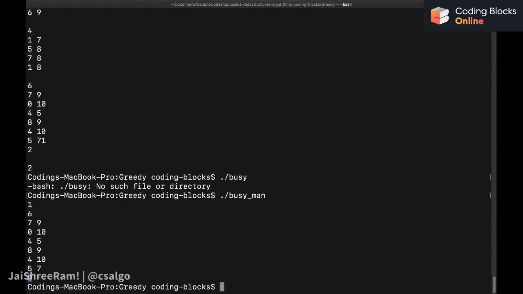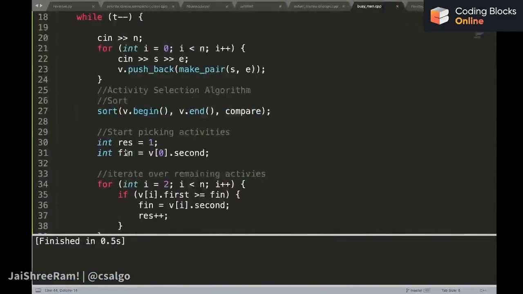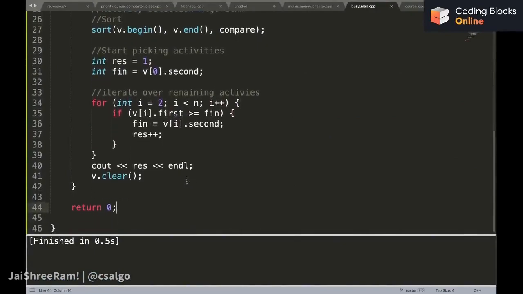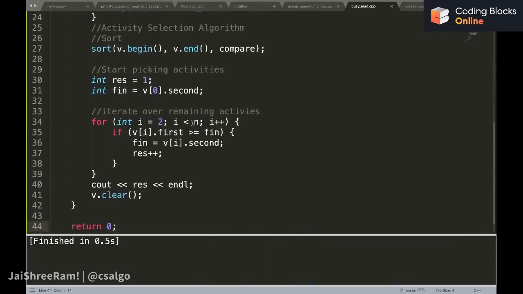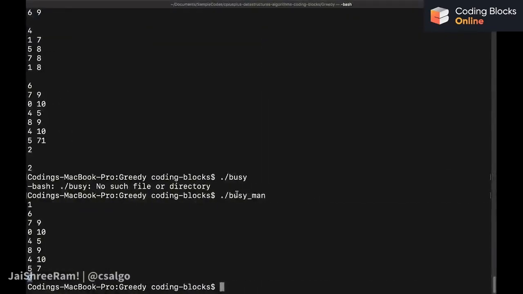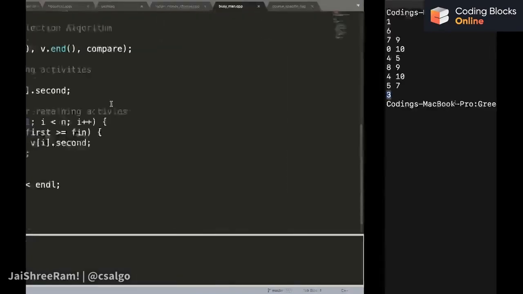I'm getting this answer as 2. Okay, sorry, this should be i equal to 1. That's a mistake because indexing starts from 0 and we have seen the 0th activity. So we'll start from the second activity, okay? So for this test case, the answer should be 3 and we are getting 3 as the answer.